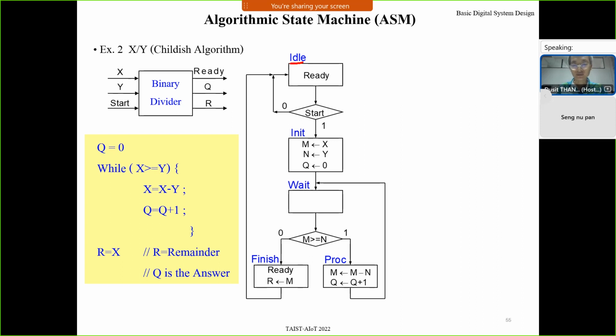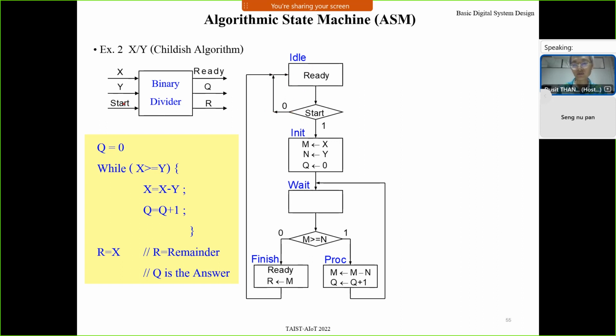At state idle, the ready signal becomes true, or becomes 1, to show that it's now ready to do the binary division. And then wait for input start. If start is 0, it still waits at state idle.